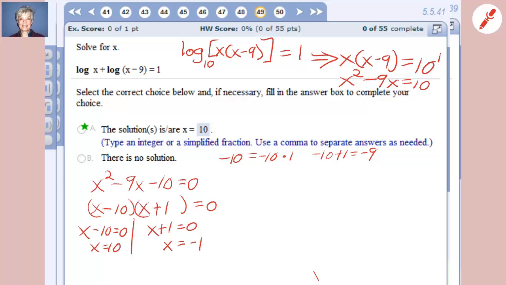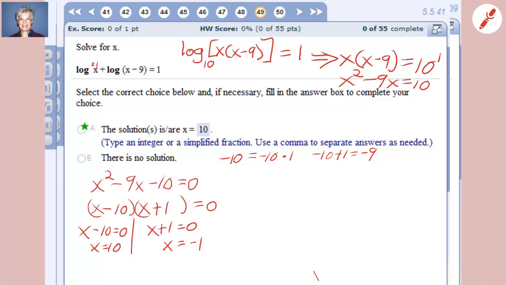Now, there's a problem with x equals negative 1. If I use negative 1 here, I'll have the log of negative 1. Try putting that in your calculator. You can't take the log of a negative number. Doesn't work.